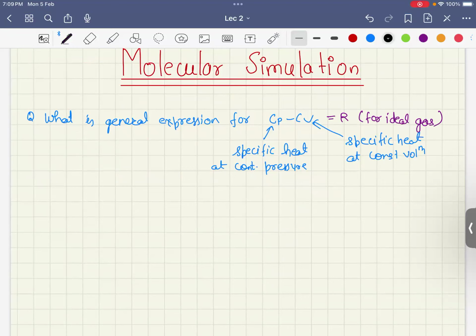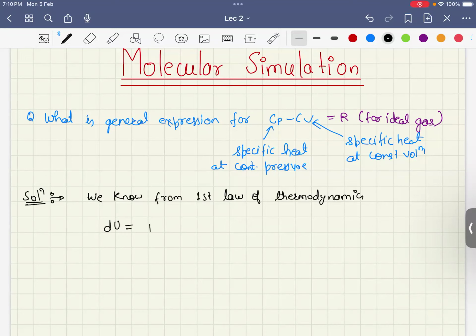Let me start with a black color. Before going into the derivation, there are certain terminologies which I will take. I'll start from the basics. We know from the first law of thermodynamics that the change in internal energy is dU equals del Q plus or minus del W. What the sign of W is depends on the convention you are using.